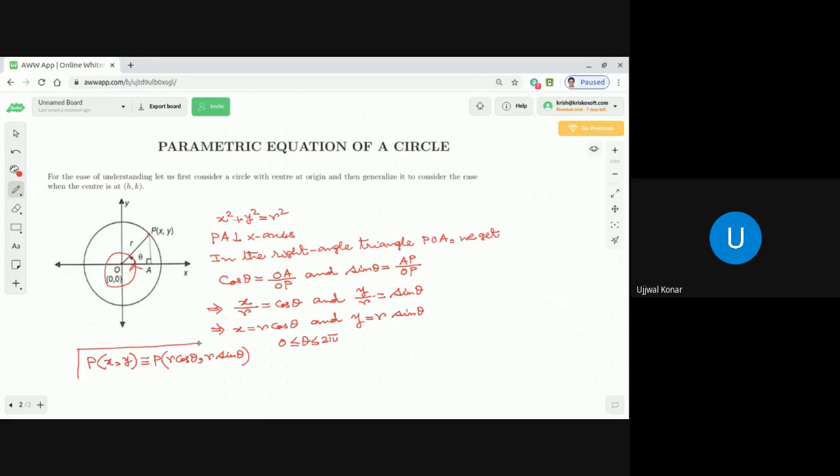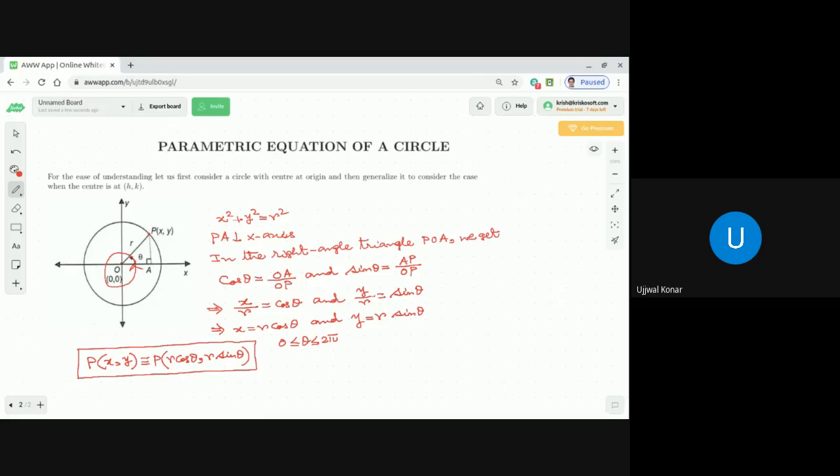So this is the parametric point, and we can also say that the parametric equation of the circle is x equal to r cos theta and y equal to r sin theta. So there are two things. One is that the point P, r cos theta comma r sin theta, is a parametric point on the circle, and also x equal to r cos theta and y equal to r sin theta jointly represent the parametric equation of the circle x square plus y square equal to r square.